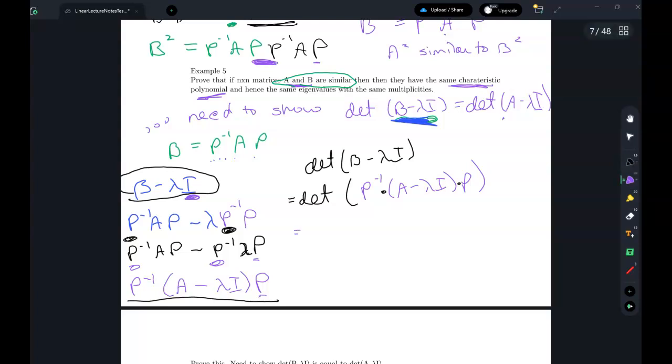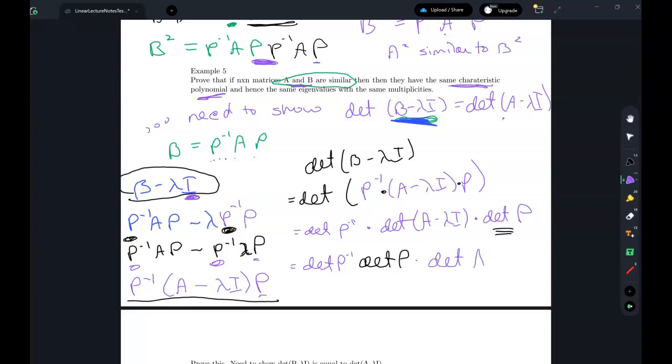I would get the determinant of P inverse times the determinant of A minus lambda I times the determinant of P. Since determinants are numbers, I'm allowed to switch the order. So I'm going to move the determinant of P here, and this one carries down P inverse, and this one carries down A minus lambda I.